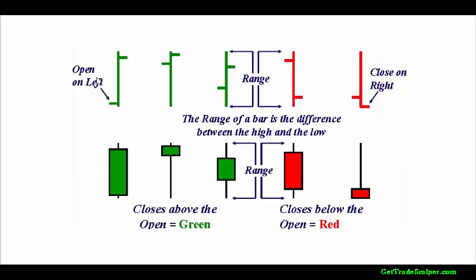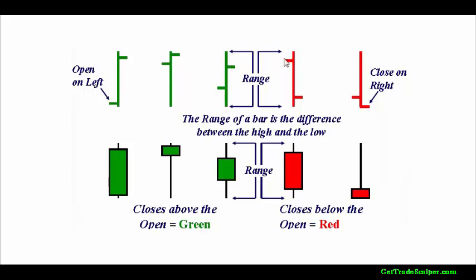And as you can see, basically you're dealing with the open, the high, the low, and the close. As you can see here, it opened here, the high was here, the low was here, and the close was here. We have an open here, a high here, a low here, and a close here.